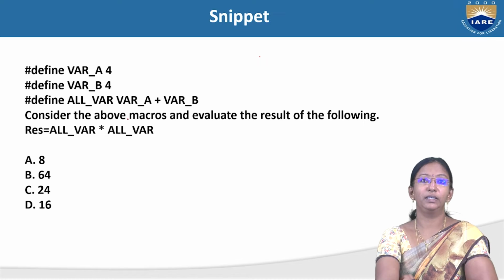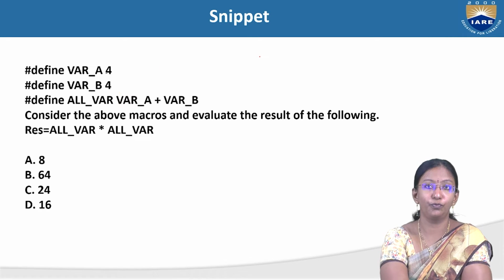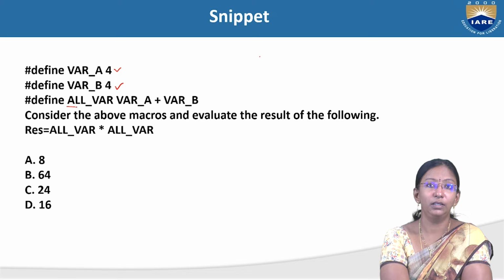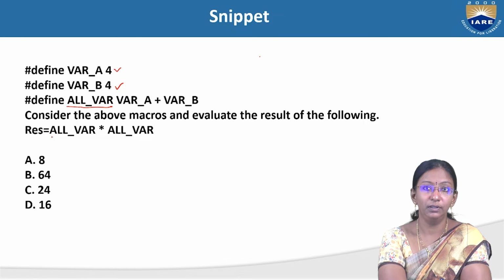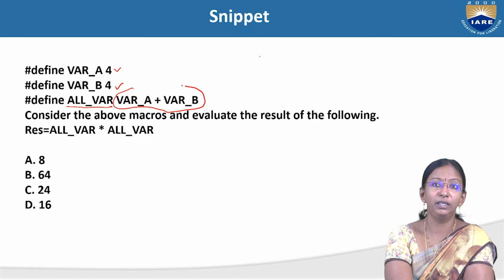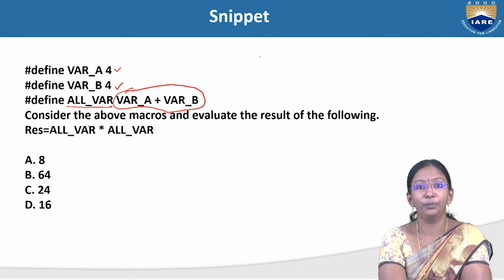So in this global declaration, they have defined variable A as 4, variable B as 4, right? Coming to the third, they have declared it as ALL, which is a summation of the pre-declared global variables, right? So what will be the value?